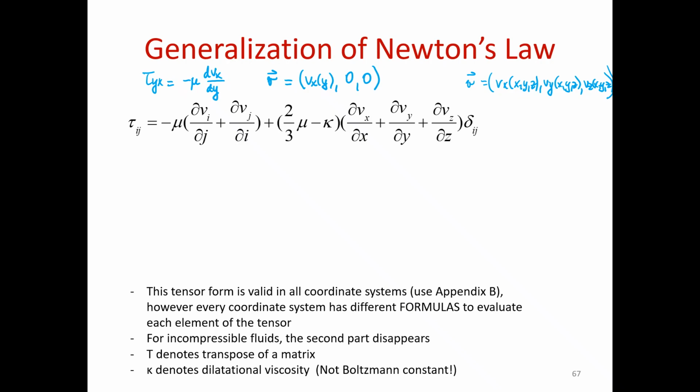That coefficient uses both viscosity and another one called the rotational viscosity, times dvx/dx plus dvy/dy plus dvz/dz, times delta xy. This delta xy is the so-called Kronecker delta, and if i is different from j, and x is different from y, it's going to be 0.